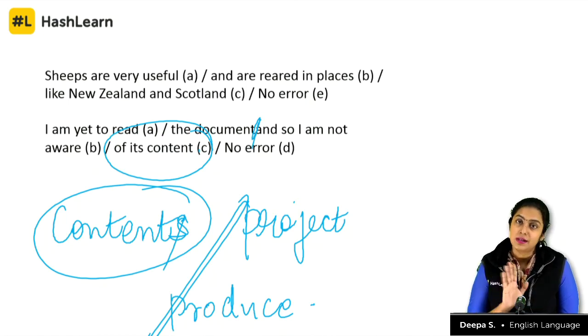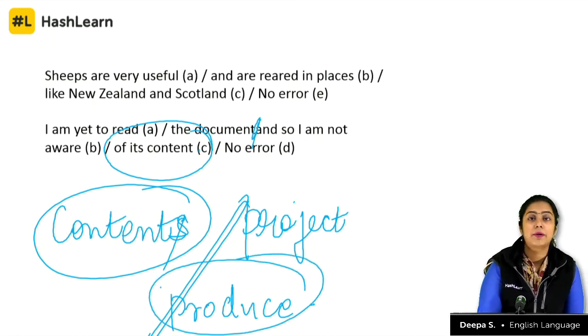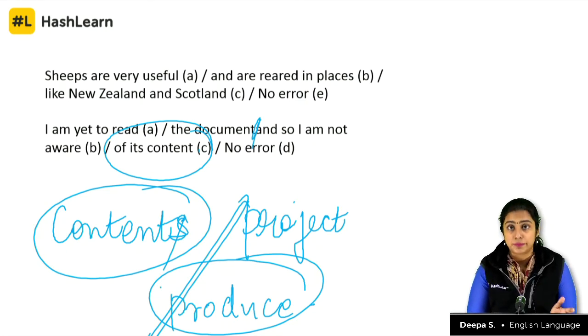Project, verb; project, noun. Similarly, produce. The produce from his farms was of top quality. Produce is a noun. He produces some brilliant work from his studio. That is a verb, produce. Got it?